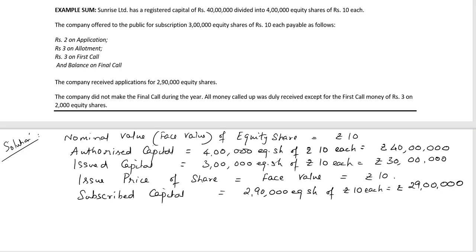Further, the last sentence, the company did not make the final call during the year. So the company has not asked the shareholders to pay the final call. So how much has been called up by the company, we'll find out. Called up capital on the 2,90,000 equity shares: the amount called up per share is 2 on application, 3 on allotment, and 3 on first call.